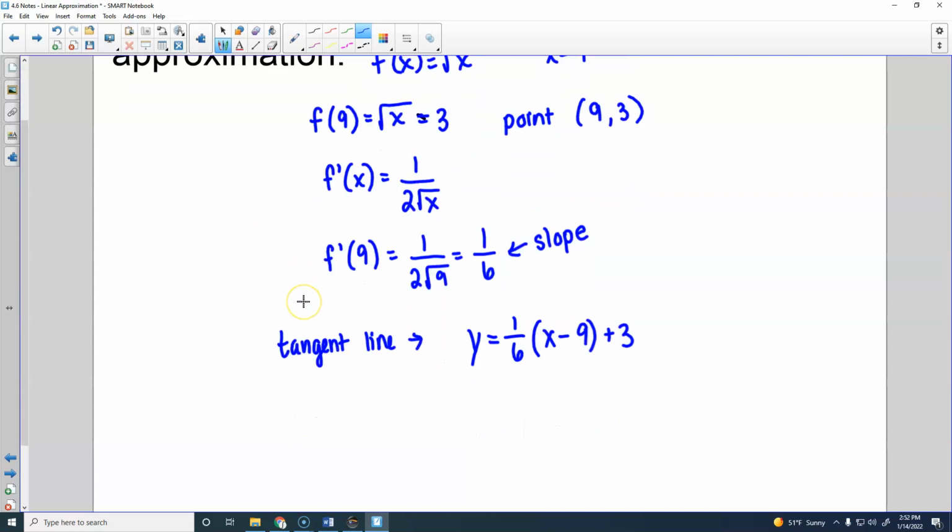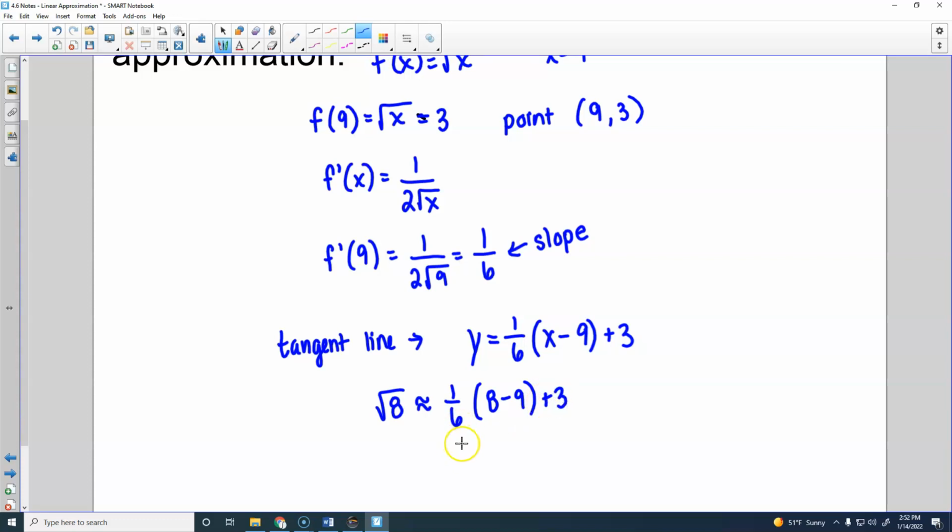All right. So, if we are going to estimate the square root of 8 here, we would just plug 8 into this tangent line. We'll use a squiggly equal sign here because this is not exactly the square root of 8, but it's going to be pretty close.